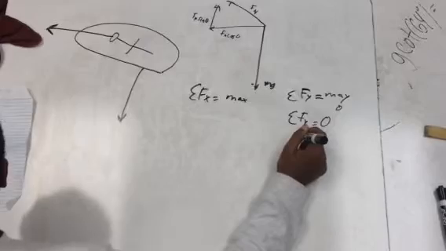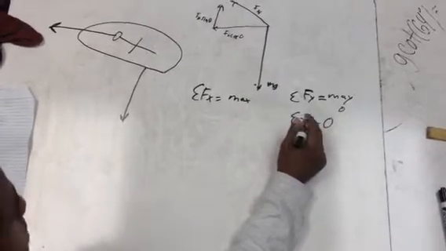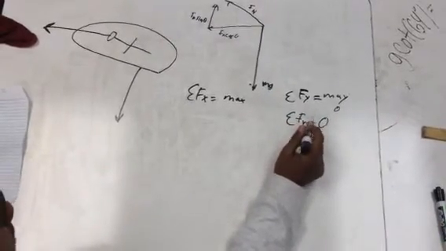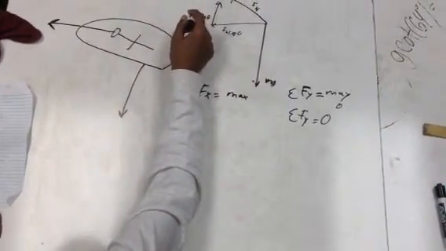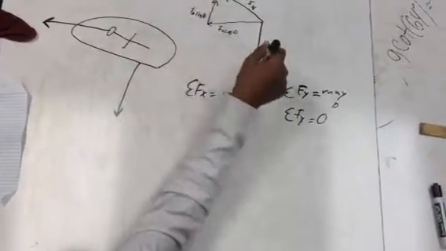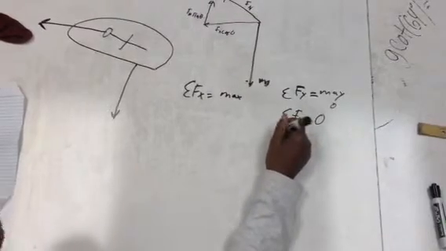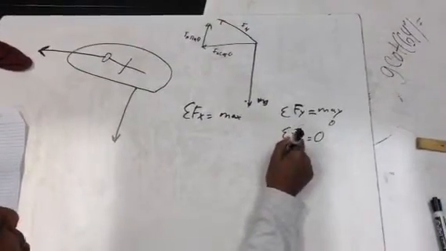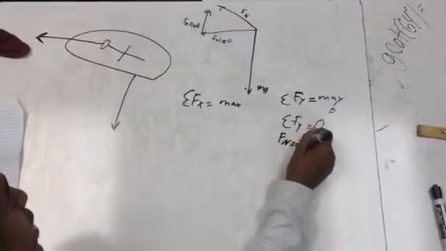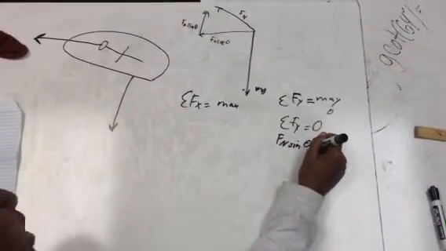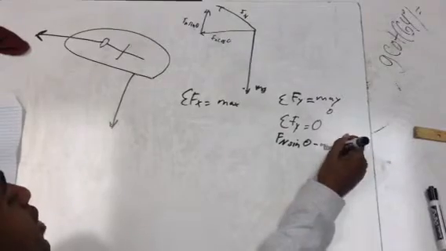And we also know that the only forces in the y direction are force normal times sine theta and mg. So, force normal times sine theta minus mg equals 0.